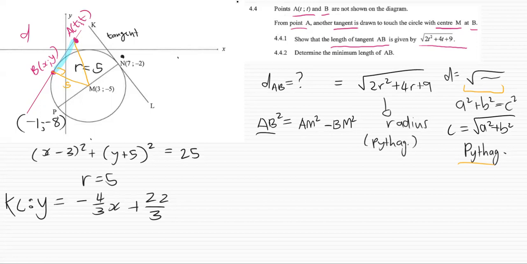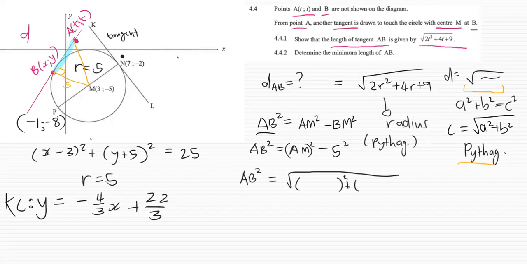AB squared is equal to AM squared minus radius squared, which is 5 squared. BM was the radius of the circle. So now we just need this AM. So the square root, distance from A to M, all squared, minus 5 squared, which is 25.